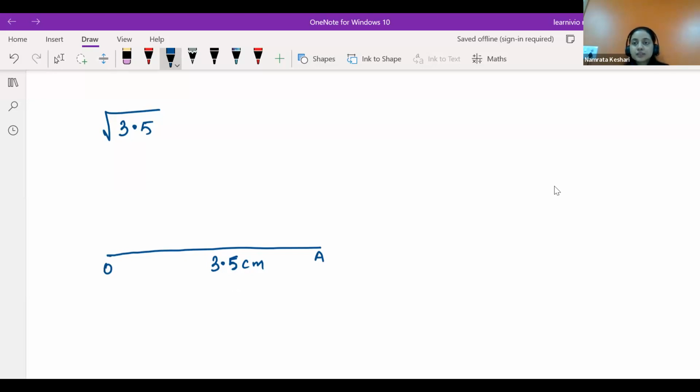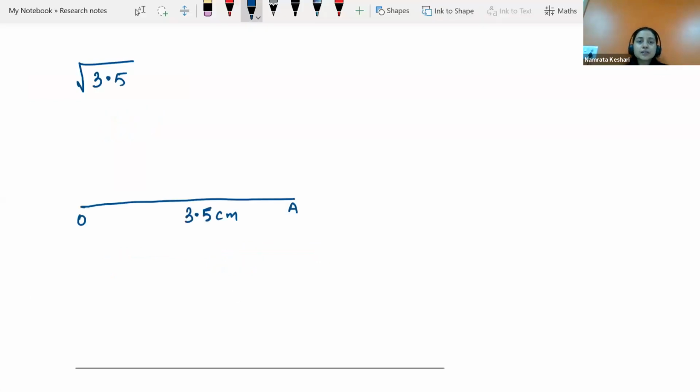Now let's extend this line by 1 centimeter, from A to B. 1 centimeter, extend.